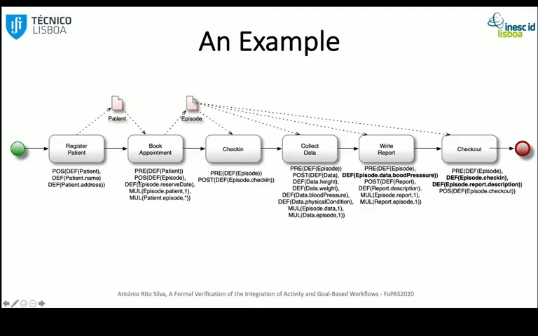And for the book appointment, you need to have a precondition that you have an already defined patient, and then you just create the episode and the reserve date. And also you need to define the multiplicity, so you need to associate this episode with the respective patient. And so that's the way you define it, okay?